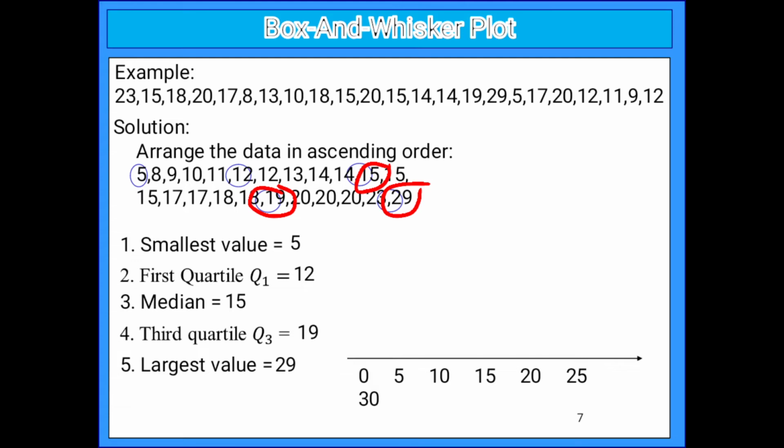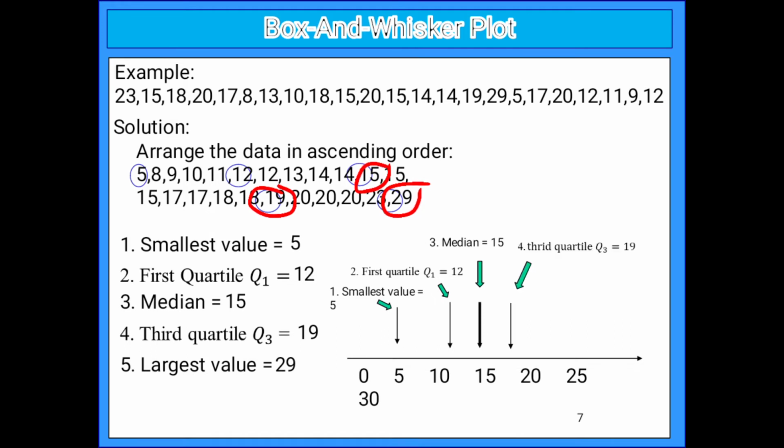So we need to put the following: 5 for our smallest value, and then here is our first quartile, which is equal to 12, and in this part the median is 15, and then we have 19 as our third quartile, and then 29 as our largest value.